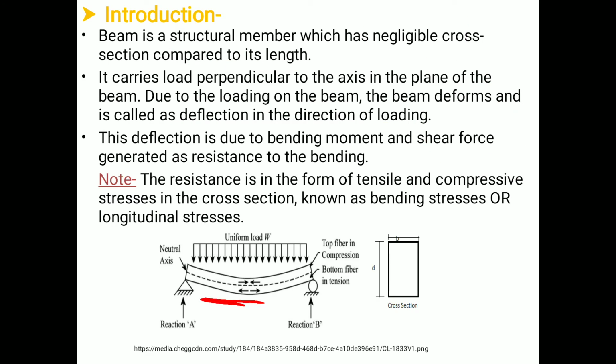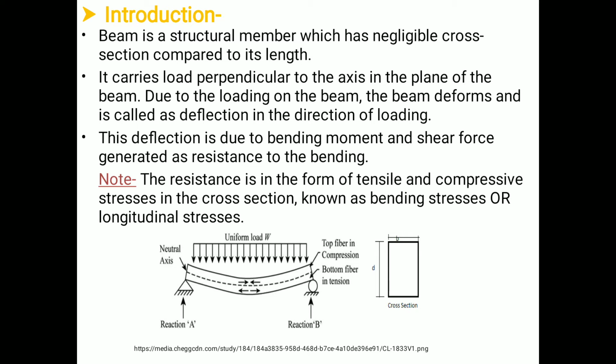The portion above the neutral axis is known as the compression zone, and the portion below the neutral axis is known as the tension zone. Above the neutral axis, that portion is subjected to compressive stresses, and below the neutral axis the portion is subjected to tensile stresses.